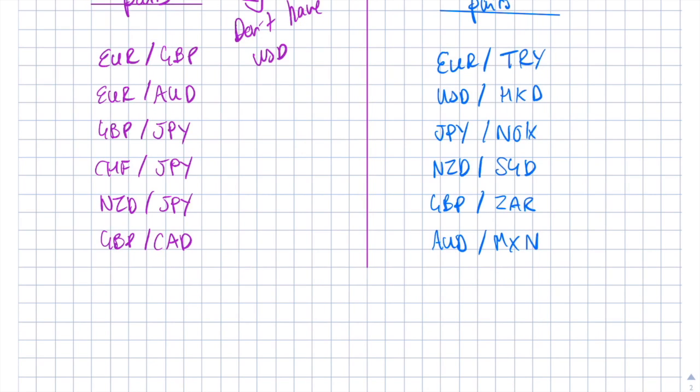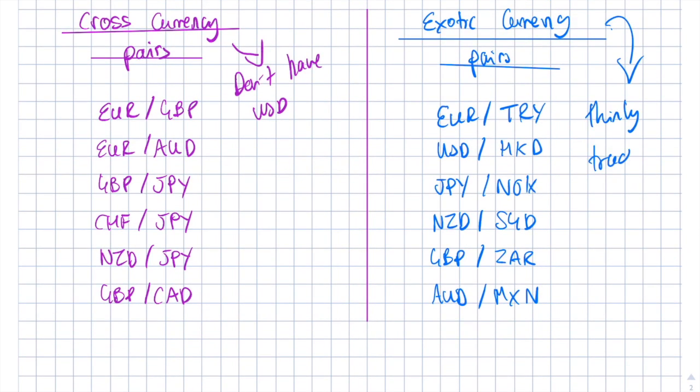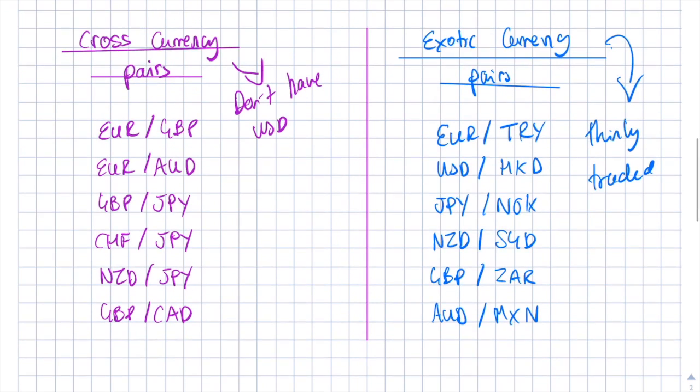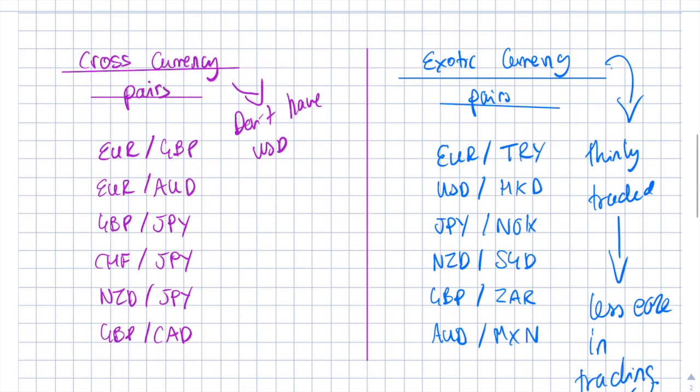Like I said before, these are thinly traded. There's less ease in trading them. It's much more costly to open and close positions for these currency pairs as opposed to the major currency pairs.